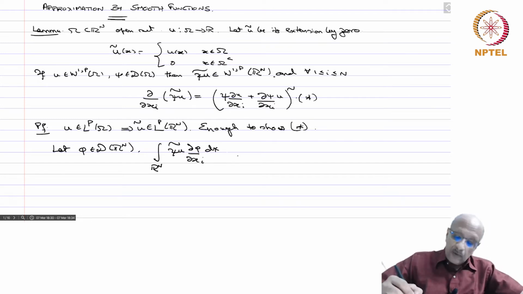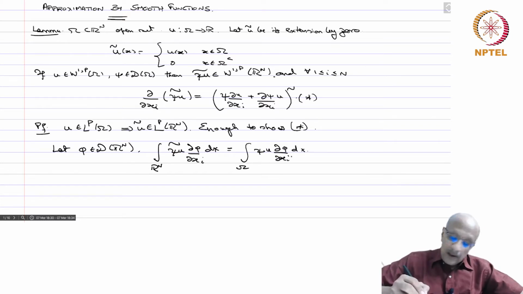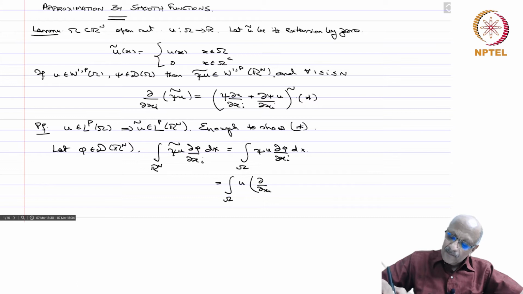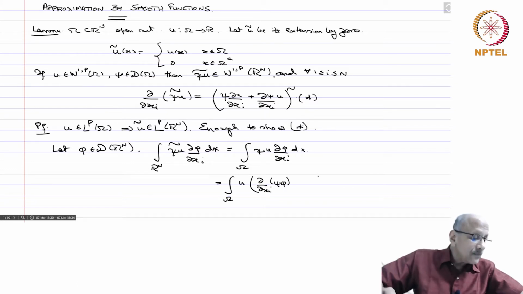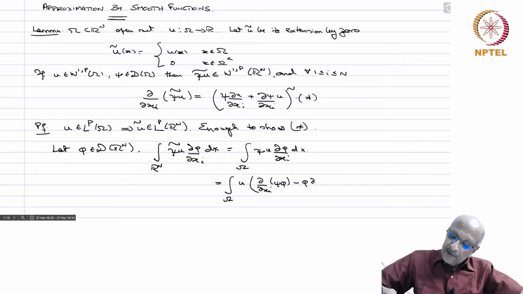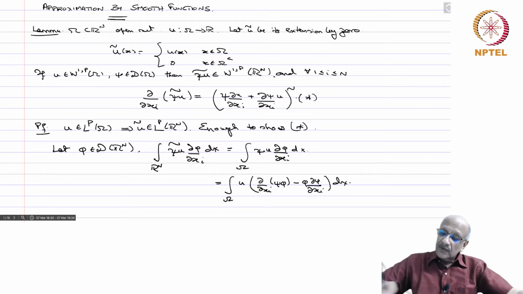That is equal to the integral on omega of psi u d phi by dxi. Now I write this as the integral over omega of u times psi d phi by dxi, which I write as d by dxi of psi phi minus phi d psi by dxi, dx. This is just the product rule for two smooth functions, and I have just used it.